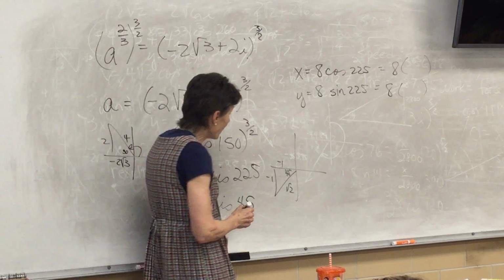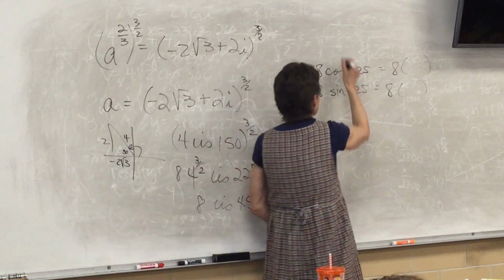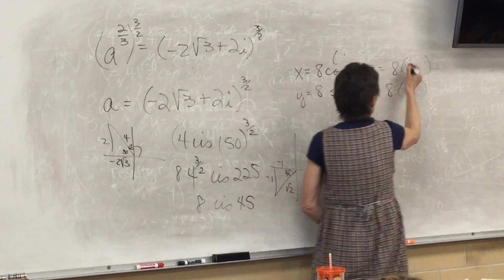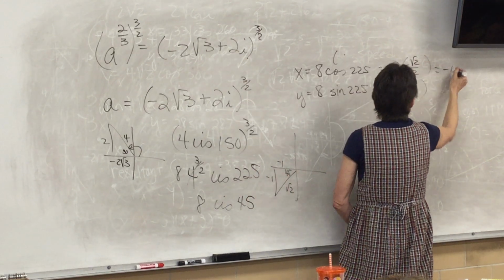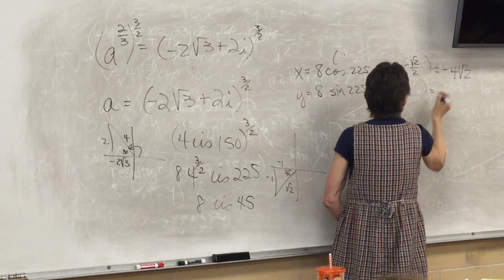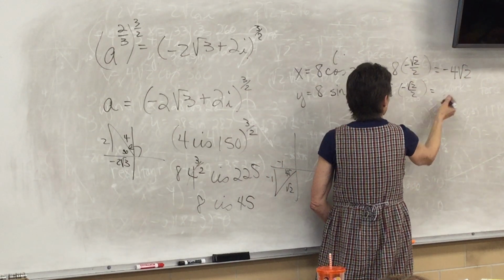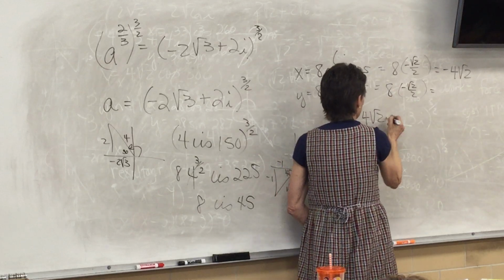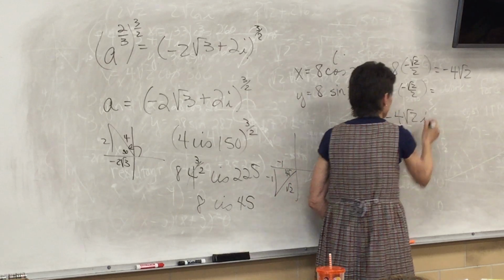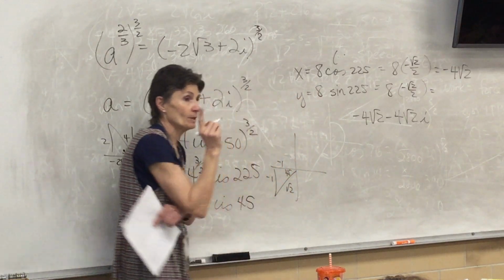So the cosine is negative root 2 over 2, so I got negative 4 root 2. The sine is also negative, so negative 4 root 2 minus 4 root 2i is answer number 1.